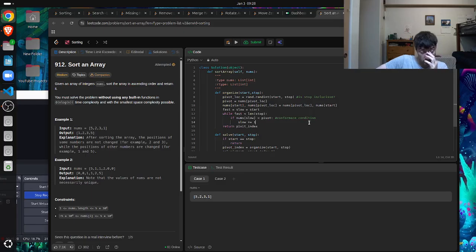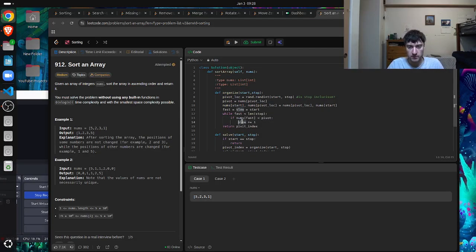What if I look at this from the perspective of the fast? So if I move my fast... Yeah, let's think about this. What if I look at it from the perspective of fast? And if I move fast over by 1, hold on.